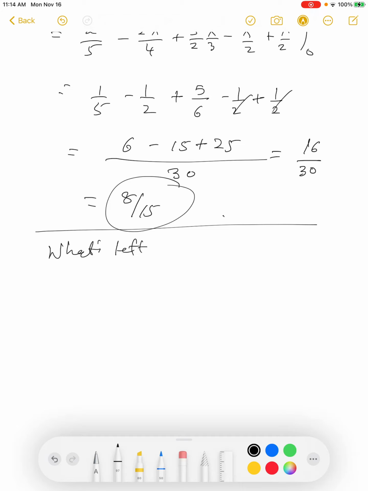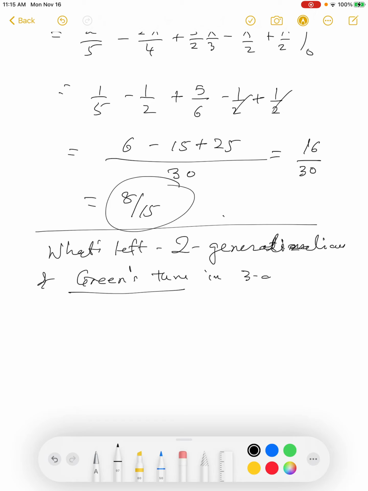So what's left in the course is two generalizations of Green's theorem in 3D. So Green's theorem was a theorem which we saw last time.